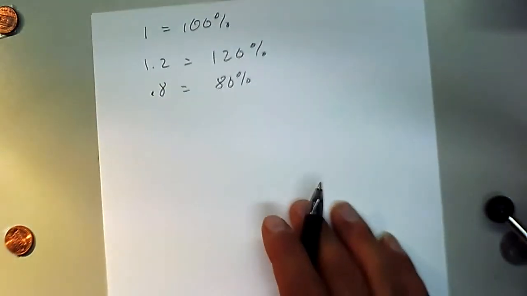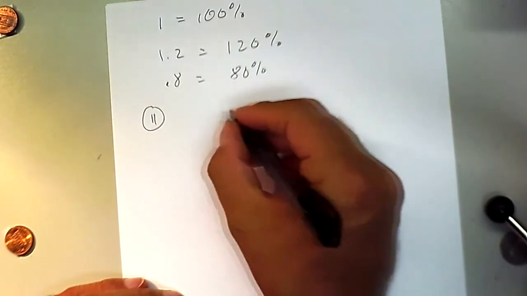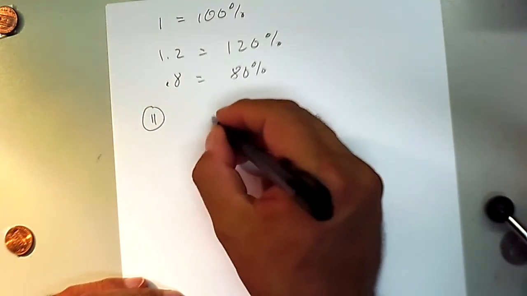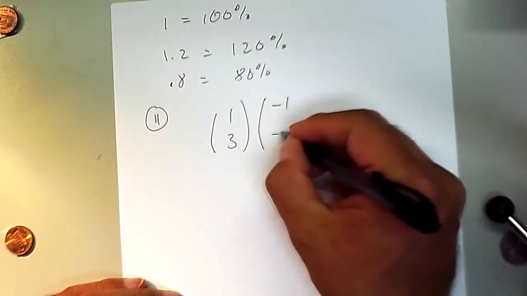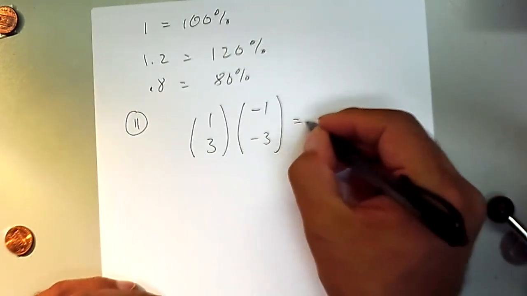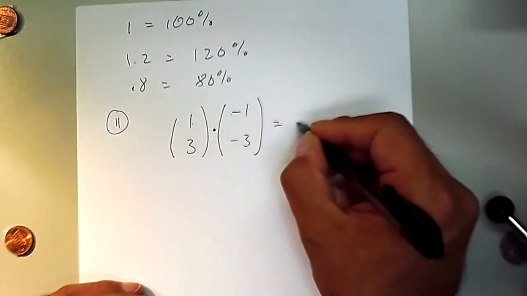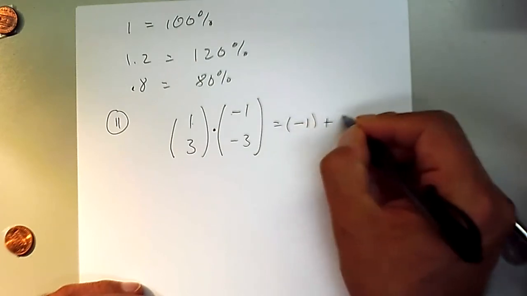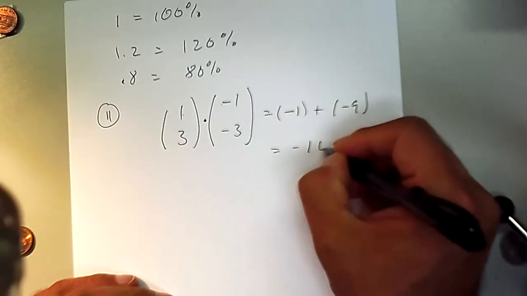There's one other thing I wanted to show you very quickly, as long as we're talking about directions. Well, (1, 3) goes in one direction, and (-1, -3) goes in the opposite direction. So what is the dot product of those two? Well, that is -1 plus -9, which is -10.